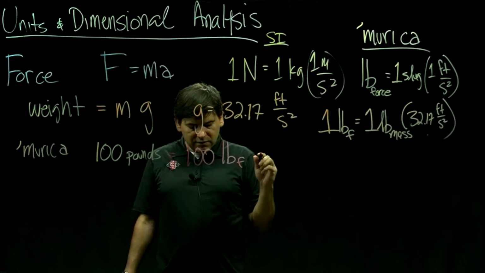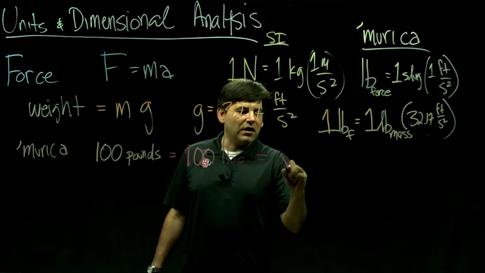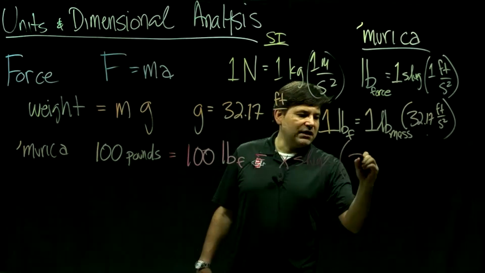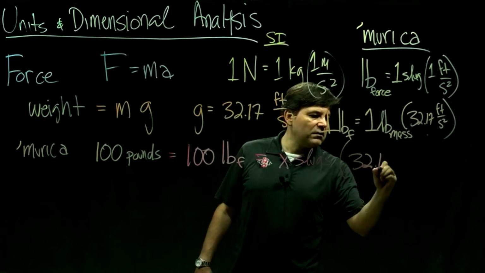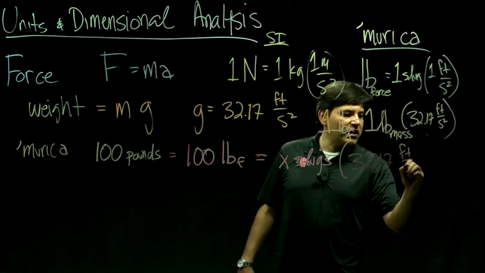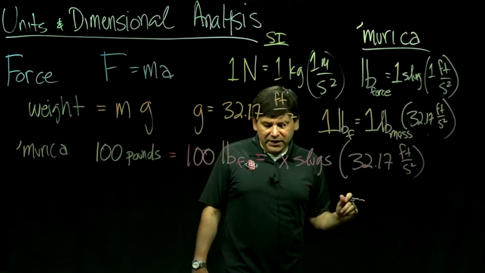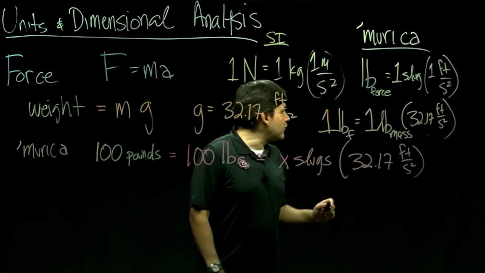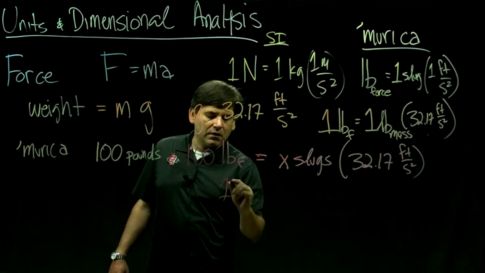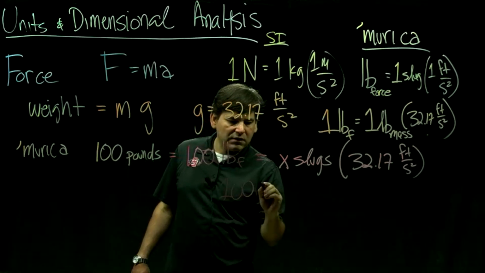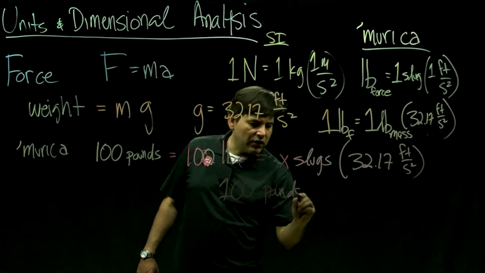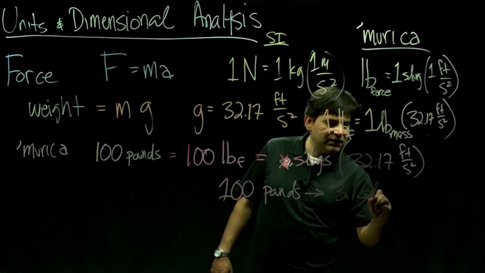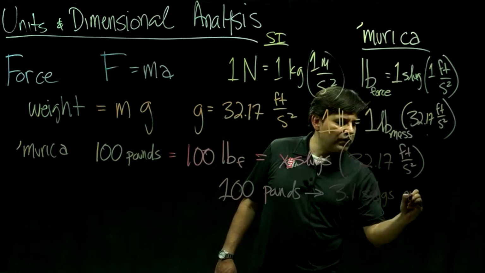And if I were to see how many slugs, some unknown amount of slugs, in Earth's gravitational field, feet per second squared, what that would be is that 1 pound force, or 100 pounds on Earth, corresponds to 3.1 slugs on Earth.